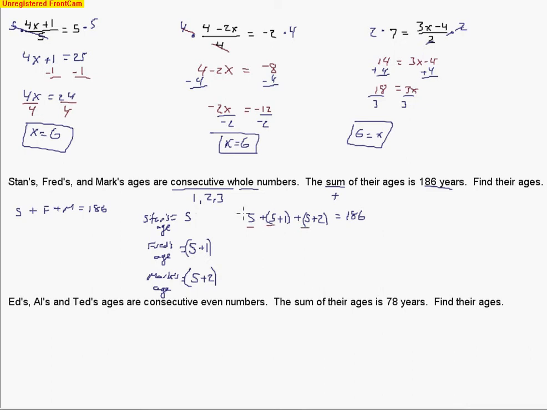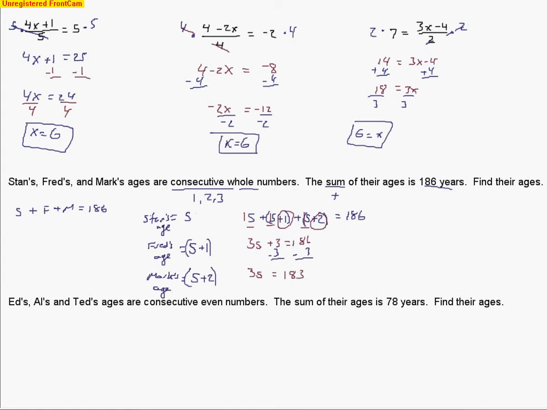We've got 1S plus 1S plus 1S, and that makes 3 S's all together. Combine the 1 and the 2 here, and that gives us 3, and this all equals 186. So from there, all we have to do is subtract the 3 from all sides, and when we do that, we're left with this 3S, and this all equals 183.